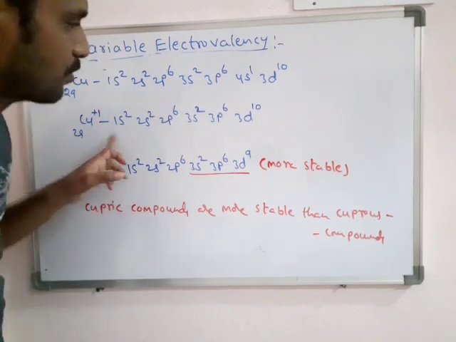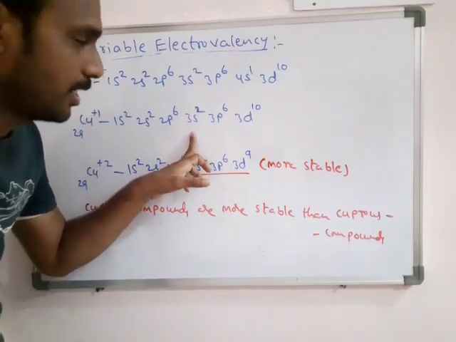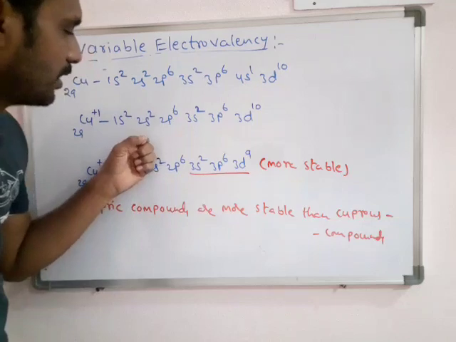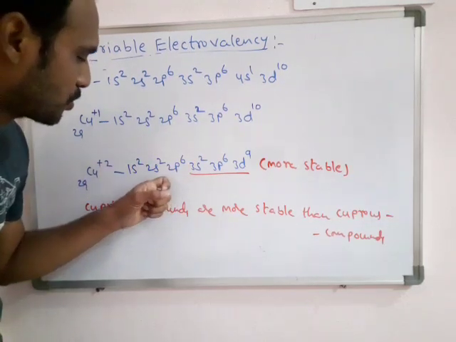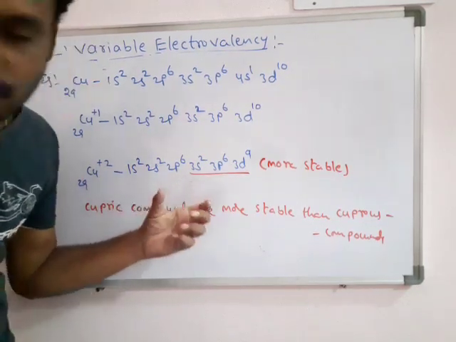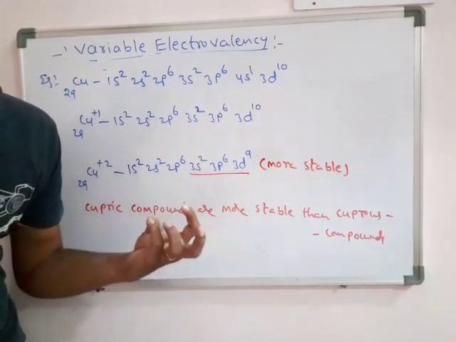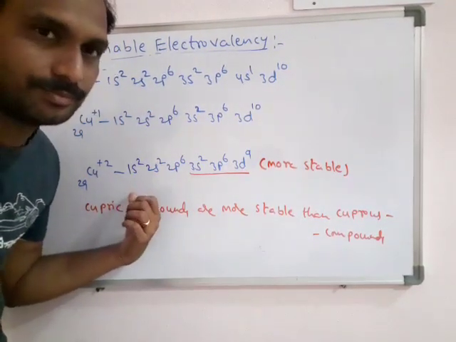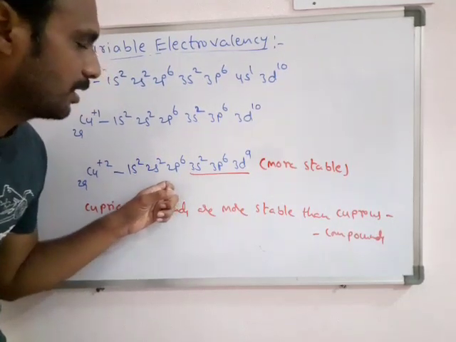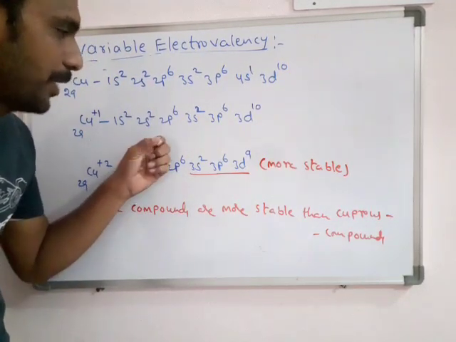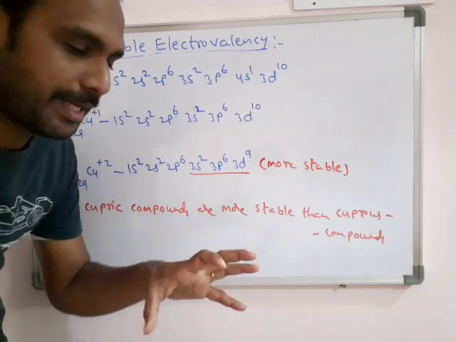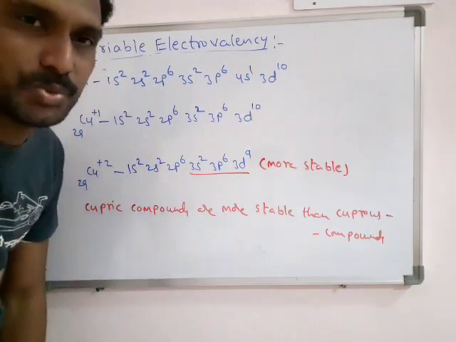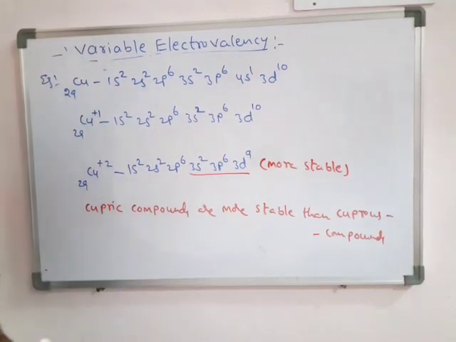So here at Cu+1 more stability would come, so there is no choice of going to +2 here. But compared to the +1 configuration, in the +2 configuration the electrons are under more attraction of the nucleus. So this is suitable for copper compared to this. So +1 compounds try to become +2 compounds. Okay.